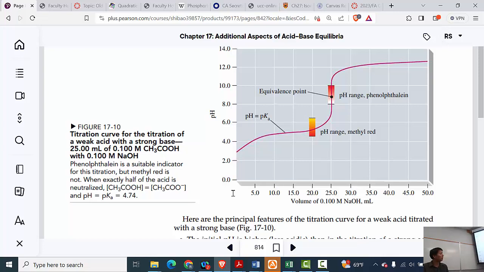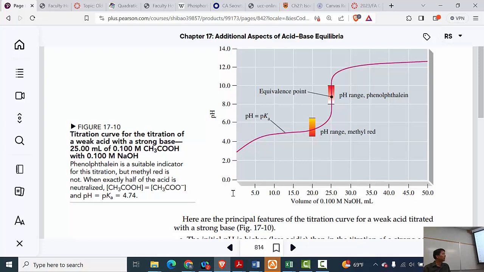And so here, we call this the end point. The end point of the titration is when the indicator changes color or something else happens that's visible. We can't see the equivalence point. We can only see the end point. And here the end point and the equivalence point are just about the same.